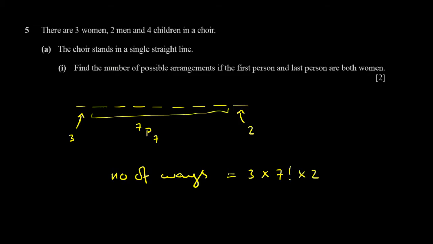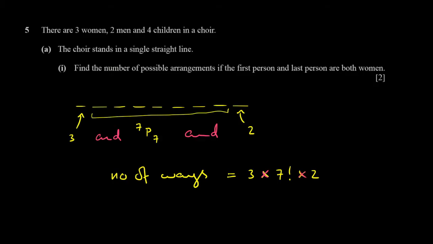And why are we multiplying? Well, because we want a woman here, and we want the 7 people here, and we want another woman there. So whenever we've got an "and", we multiply, right? So we've got a woman here, and the 7 people, and the other woman at the end. So whenever we've got an "and", we multiply.